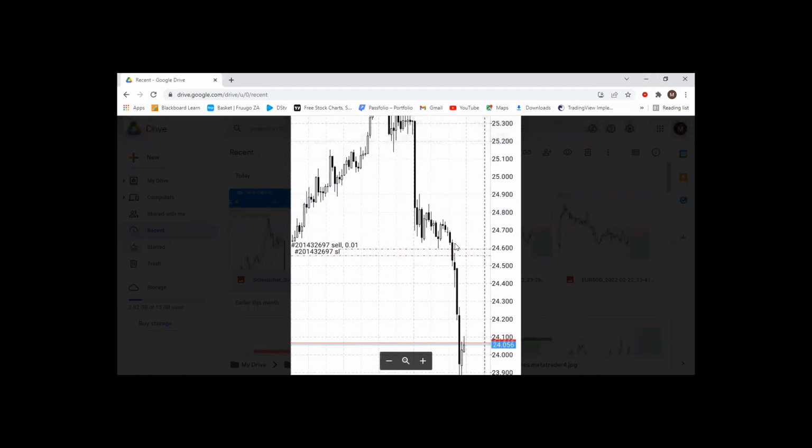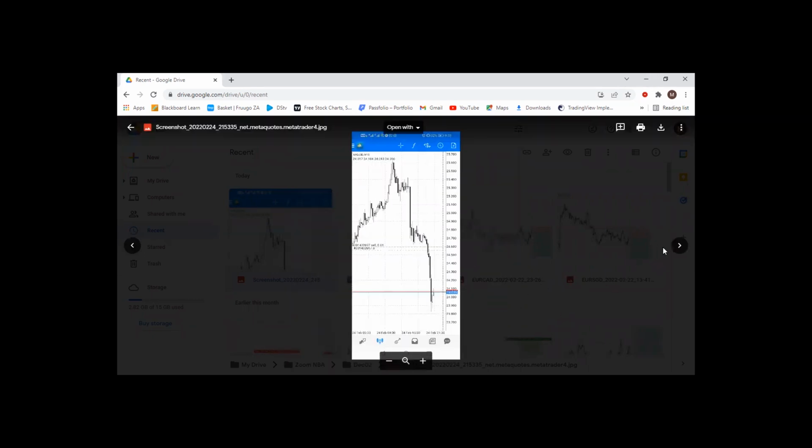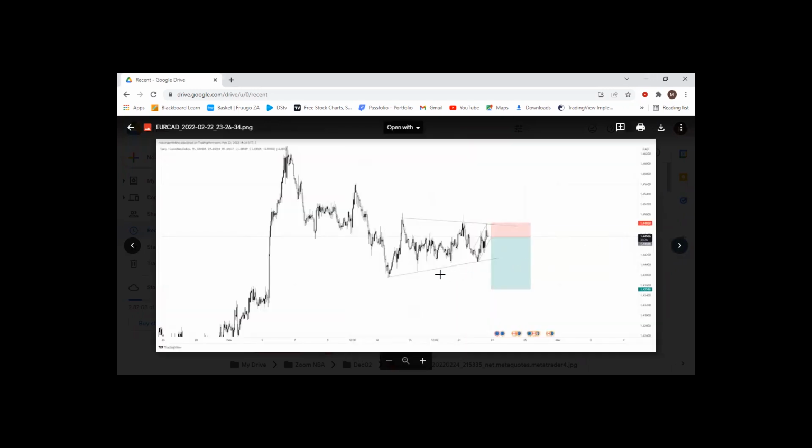So basically there was that, and the second pair is currency, which is euro, Canadian dollar, and as you can see we had a bearish structure which was quite significant.